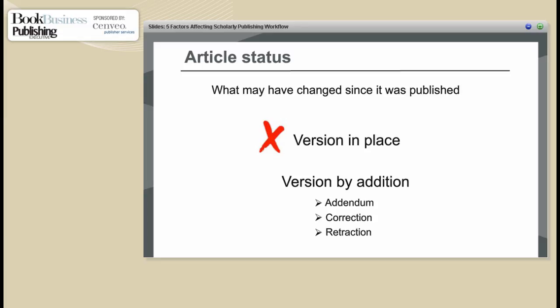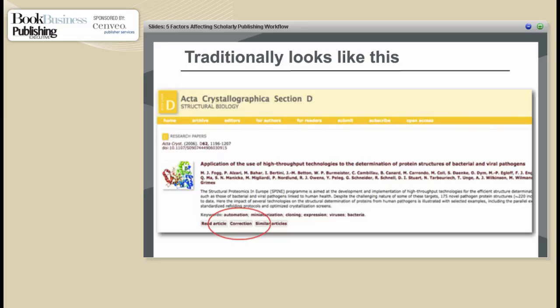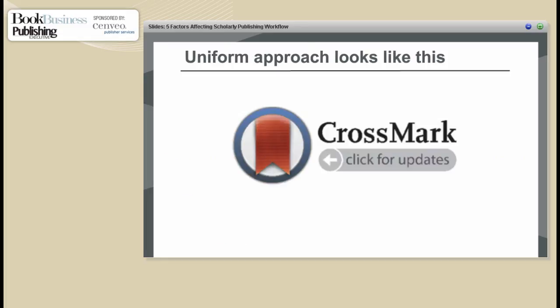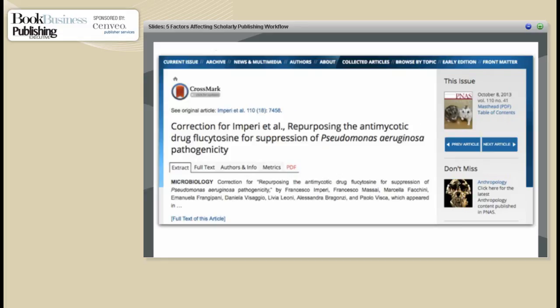And so we make changes to the version of record by addition, through addendums, through corrections, or through retractions. What this traditionally looked like was you'd be on the page and you could click on the correction button. Well, Crossmark is a way to provide a uniform approach for this. Essentially what you would see is the article with the Crossmark banner, which indicates that this is where you should look, across publisher platforms, to see anything new and interesting that you ought to be aware of with regard to that article.